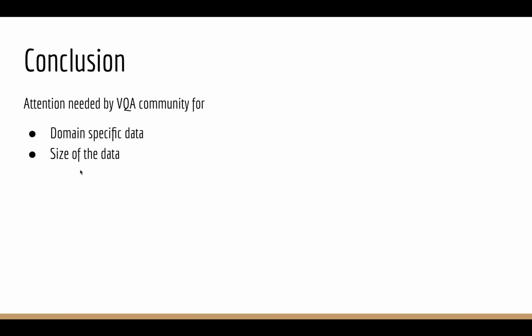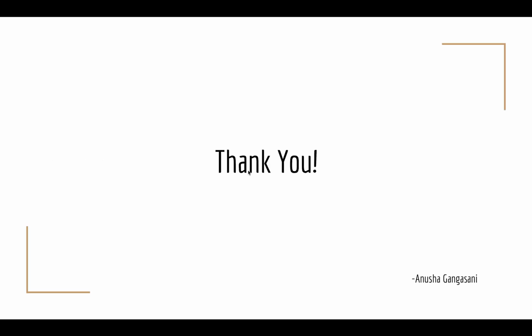Secondly, the size of the dataset is underlying in the general case in Kafle and Kanan 2017. Ad hoc datasets seldom reach the huge amount of information requested for generalizability. Hence, the VQA community needs to pay attention to these two aspects to reach the performance that boosts real world domain specific applications. Thank you.